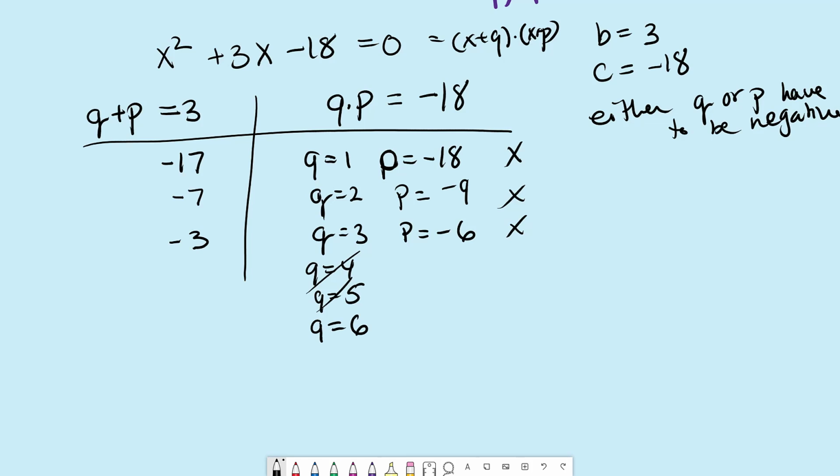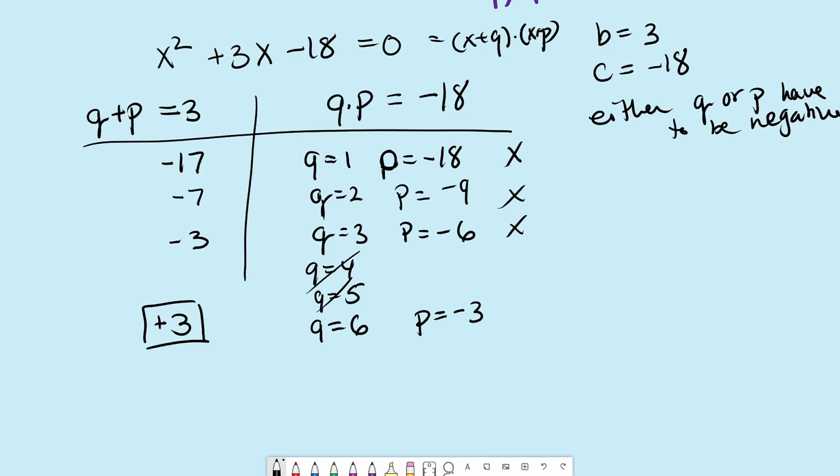So q equals 6 is our next factor. q equals 6 will require that p equals negative 3, right? Because negative 3 times 6 is negative 18. What does 6 plus negative 3 add up to? It adds up to positive 3.